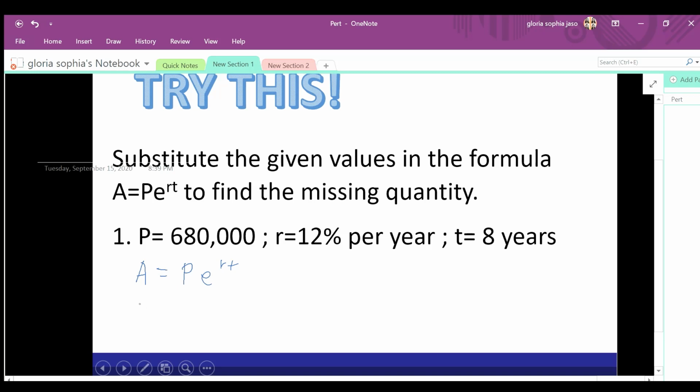So substituting the given values, we have 680,000 times e raised to rt. So r is 12%, converting it into decimal, that's 0.12 times t is 8 years. So using our calculator, let's compute it.